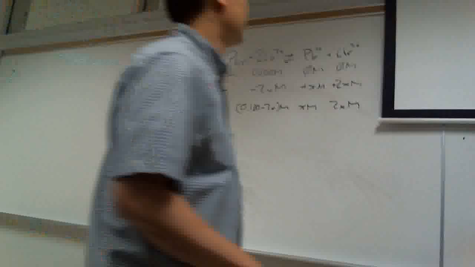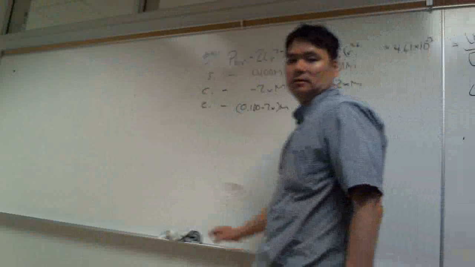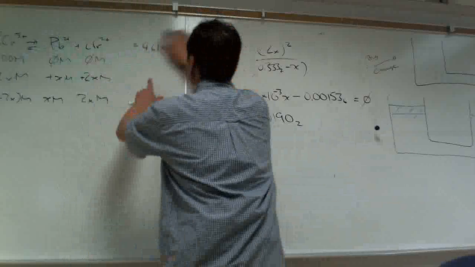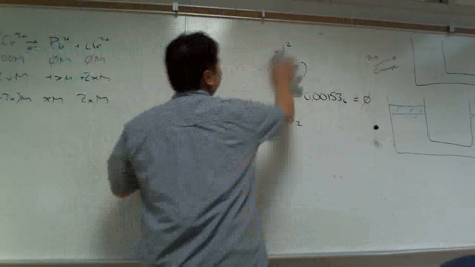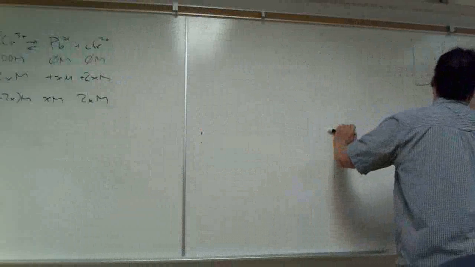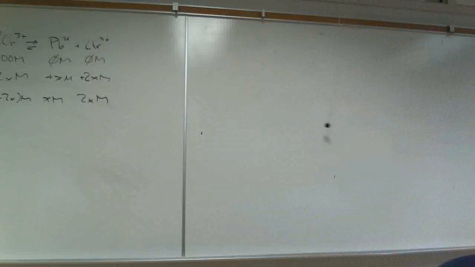So let's solve for x. I should have written that down. It's something times 10 to the minus 10. Was it 3.2? 3.2 times 10 to the minus 10.